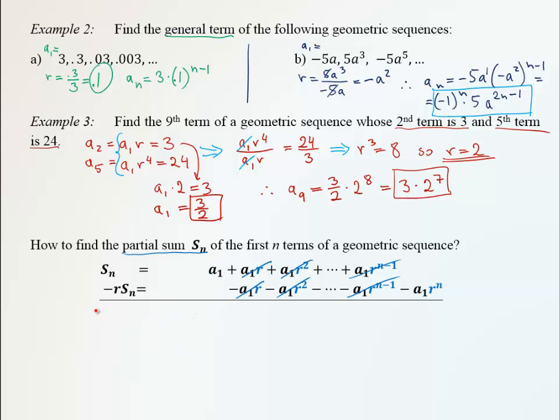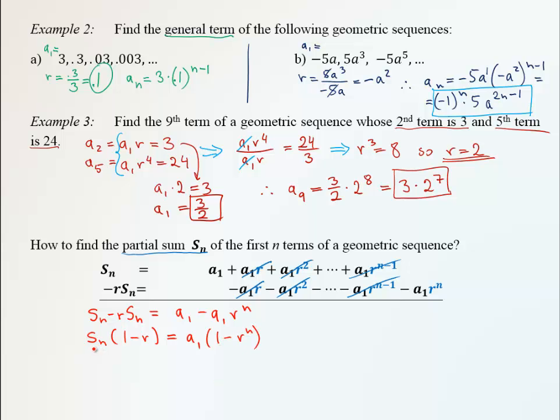So what we end up with is Sn minus r Sn equals a1 minus a1r to the n. And now if we factor common factor from each side, that means Sn from here, it will leave us with 1 minus r, and a1 from there, and it will leave us with 1 minus r to the n this time.